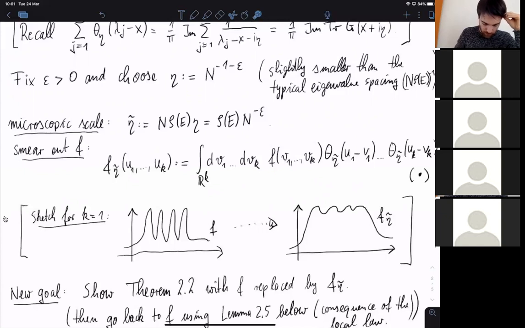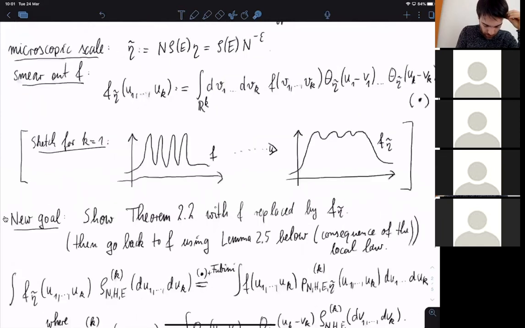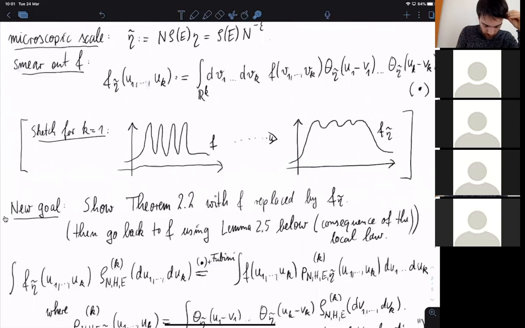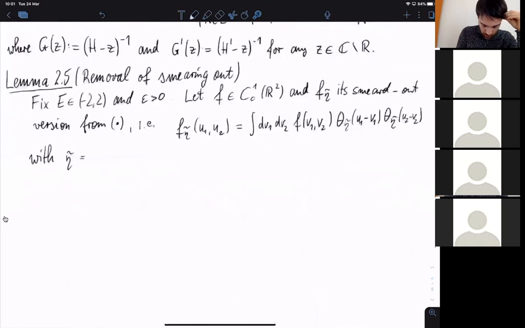So it's rho(E) n to the minus epsilon. So this is n rho(E) eta, and this is the same as rho(E) n to the minus epsilon.